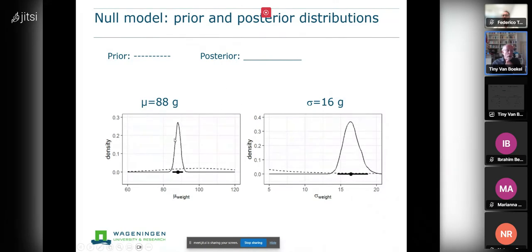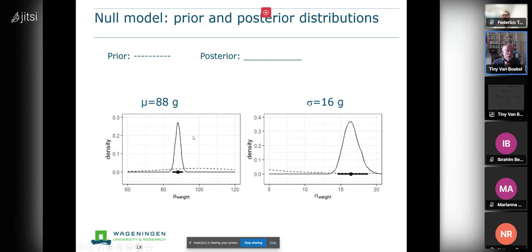And this is the outcome if we confront that with the data. You see that we have a very wide prior distribution, which is now narrowed down to a much narrower posterior distribution, which means that we have decreased our uncertainty, or increased our certainty, if you like.